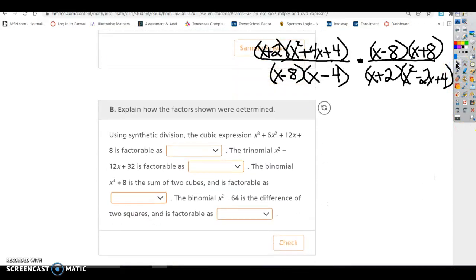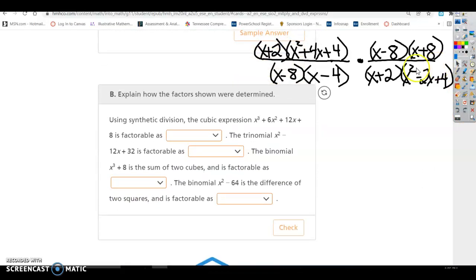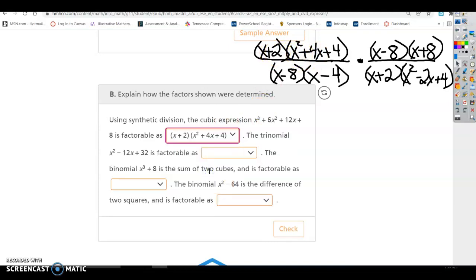All right, explain how the factors shown were determined. All right, using synthetic division, the cubic expression is factorable as x plus 2 times x squared plus 4x plus 4. The trinomial, x minus 8 and x minus 4.